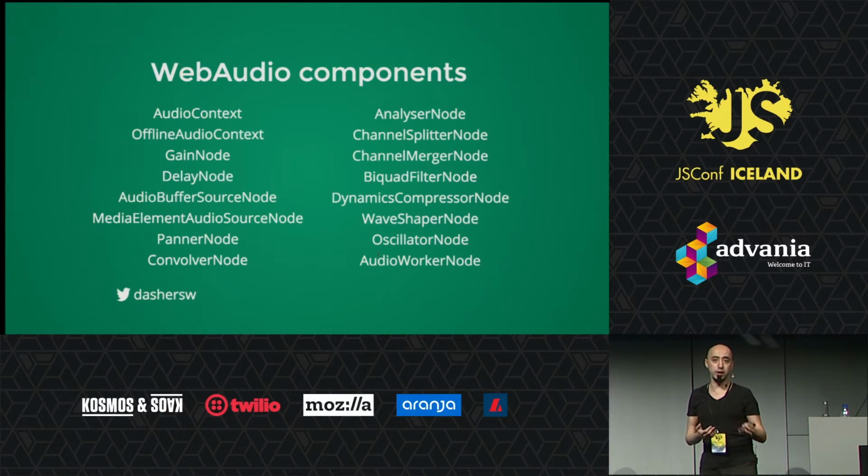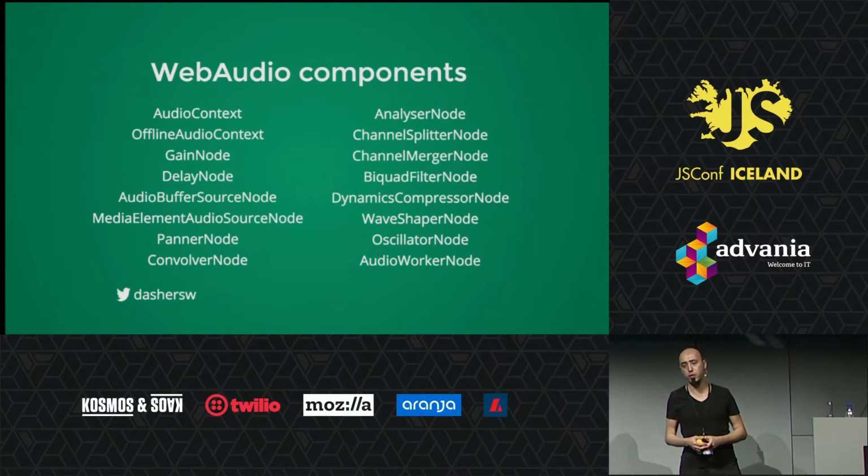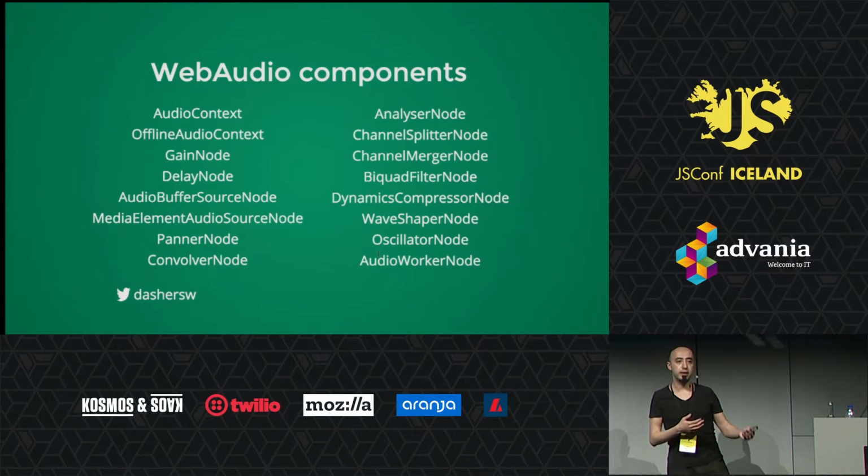Now, you can have more than one, and you can connect anything to more than one context to have multiple plugins or other applications. But in the end, you need at least one audio context. Then there's the offline audio context for you to be able to record something again. And a lot of processing nodes, processing units, like gain, delay, panner, convolver.